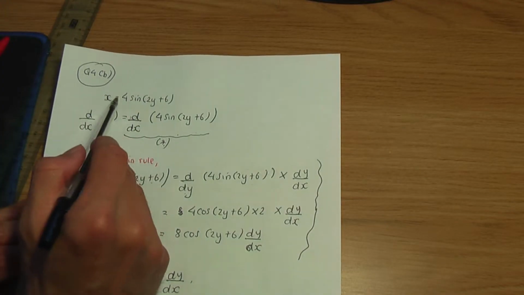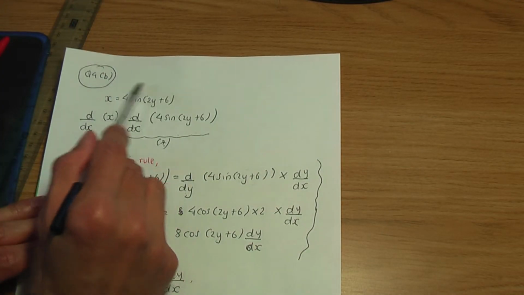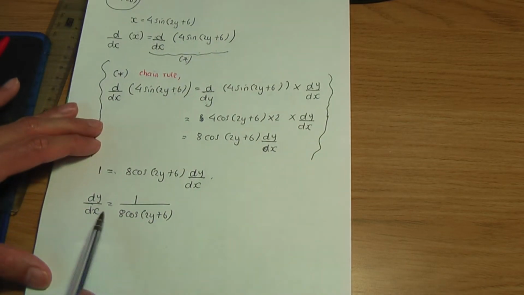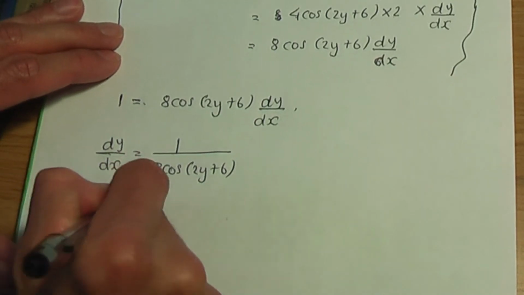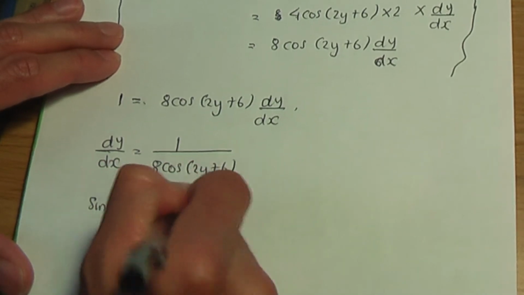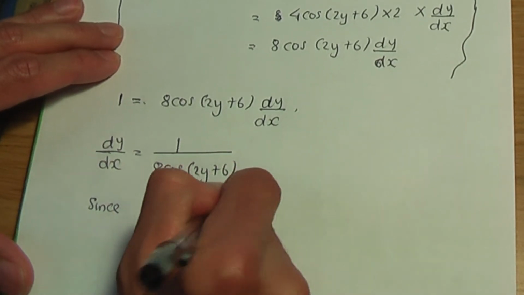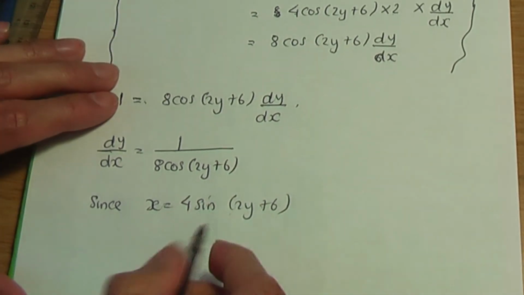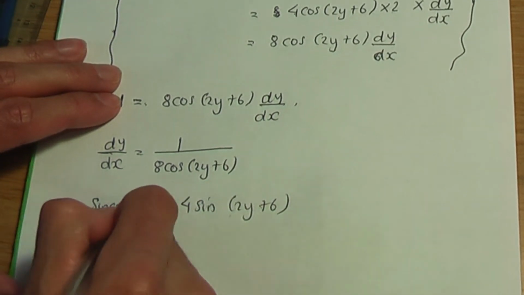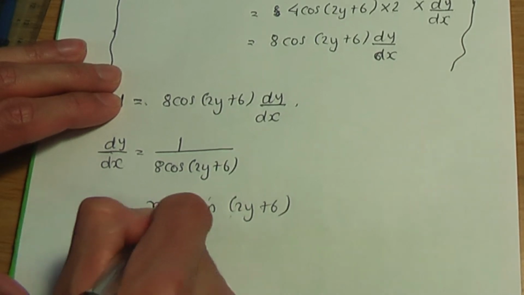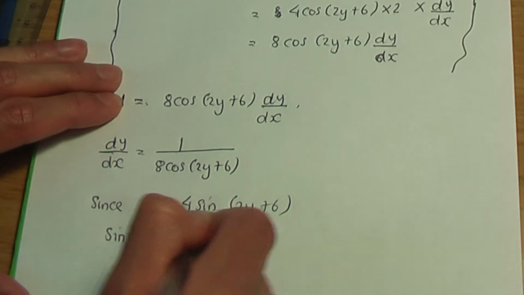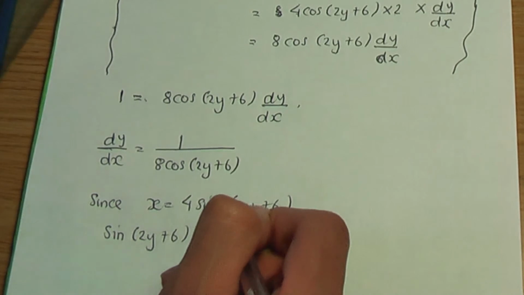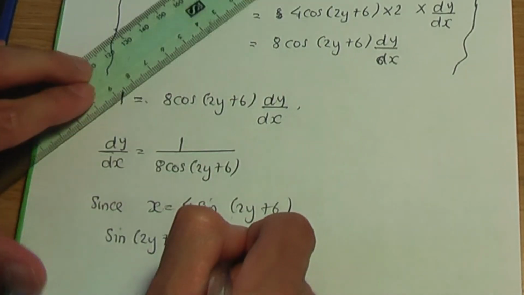Okay, so using x is equal to 4 sine 2y plus 6, let's try and make this in terms of x. So since x is equal to 4 sine 2y plus 6, if I rearrange for sine firstly, sine 2y plus 6 will be x divided by 4.